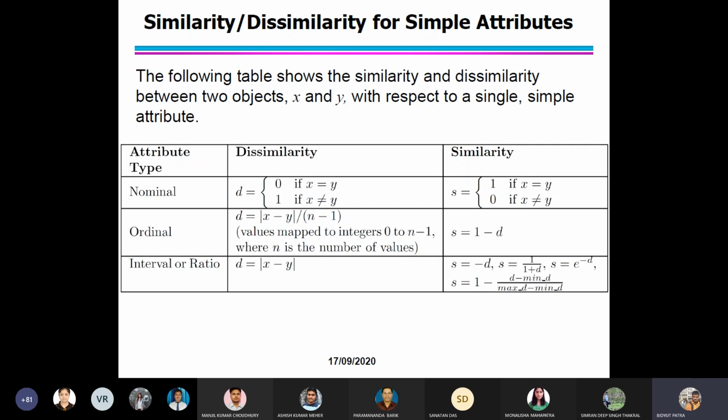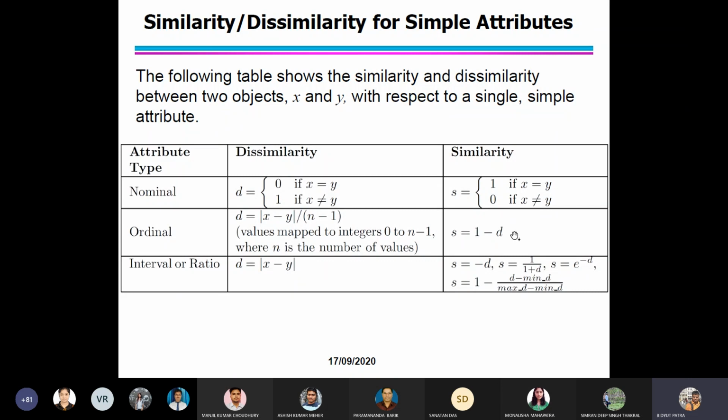That is 2. So you will get 1. So the dissimilarity value is 1. Then what is the similarity value? It will be 1 minus 1, so it will be 0. So there is no similarity between large and small.